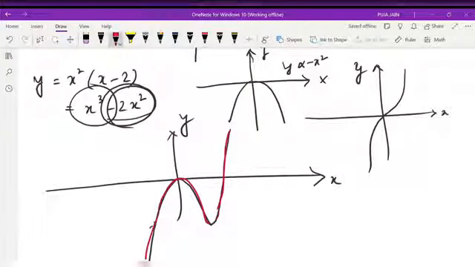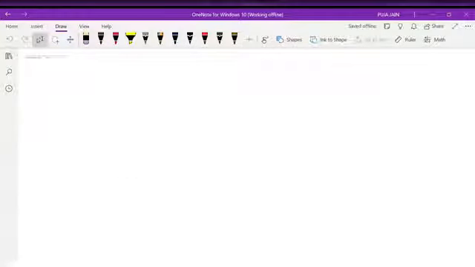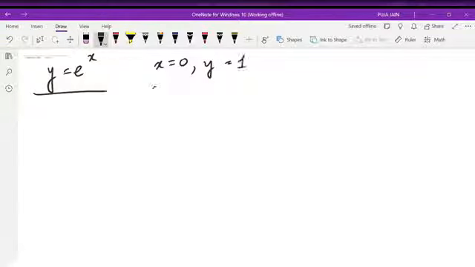So now we will draw our exponential graph. Suppose y is equals to exponential x. Okay, now at x equals to 0, y is equals to 1. At x equals to infinity, y is equals to infinity. As x equals to minus infinity, y is equals to what?